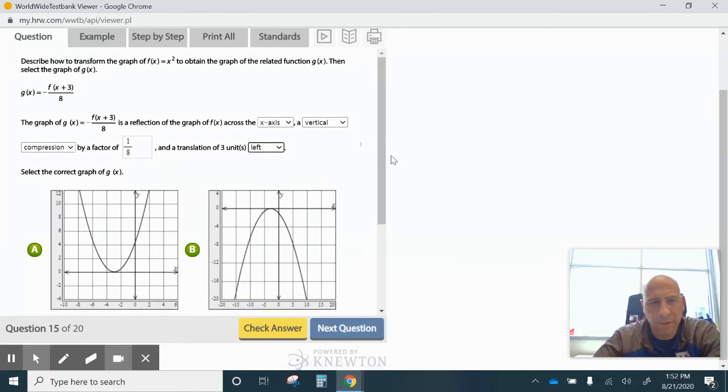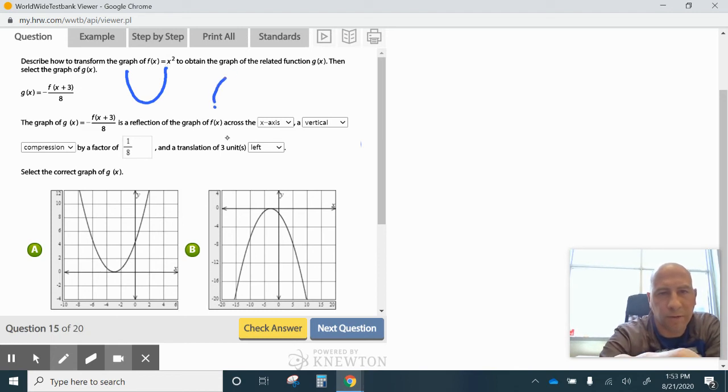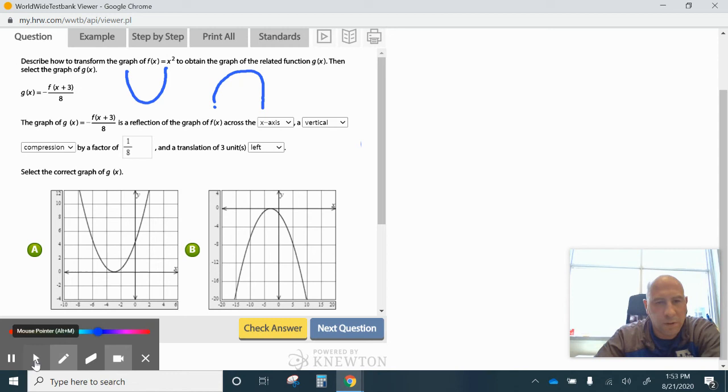So now, looking for the reflected one. Normally the function would be the parent here, but when you reflect it, it's actually upside down, okay? So we know that the answer cannot be A because that didn't reflect.